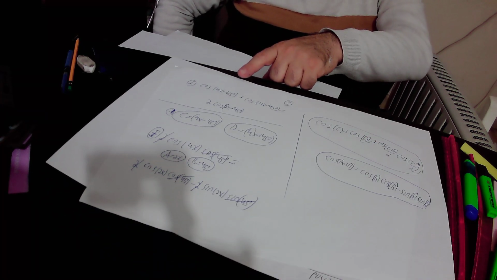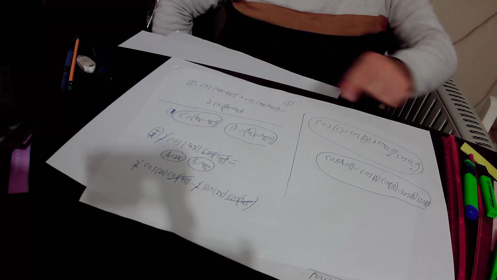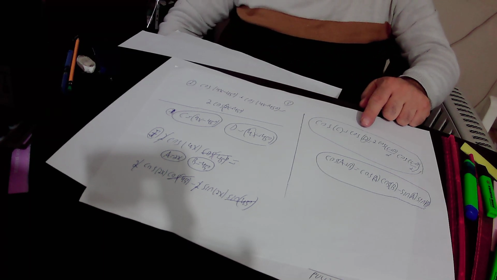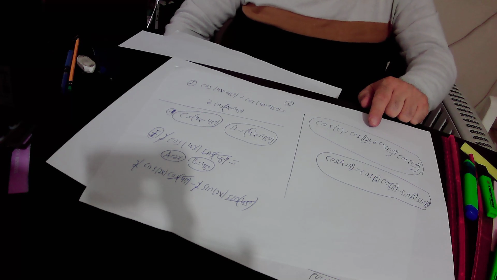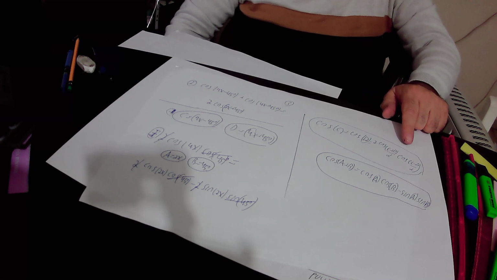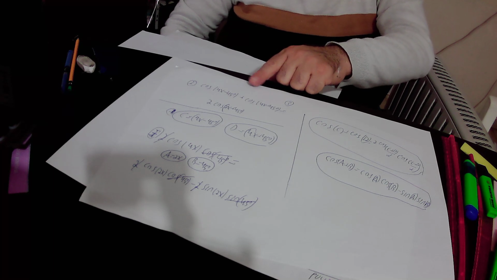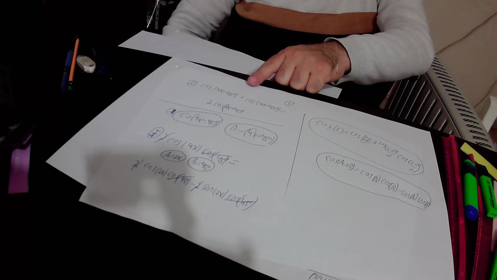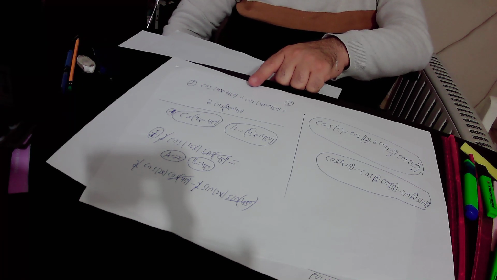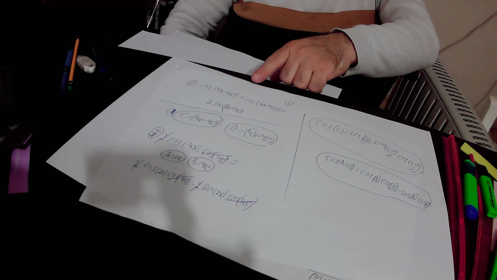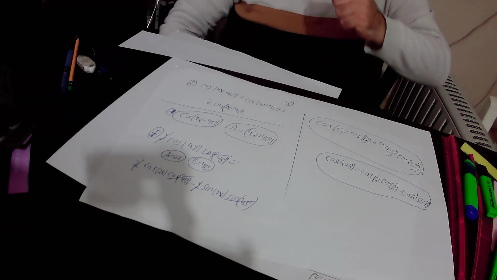And then we used the trigonometric identity that cosine C plus cosine D equals 2 cosine C plus D over 2 times cosine C minus D over 2, in order to find the value of this expression. And we found out that this expression equals 2 cosine 4x times cosine 45 degrees.